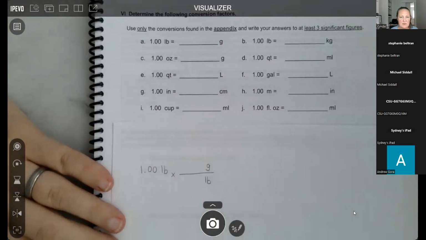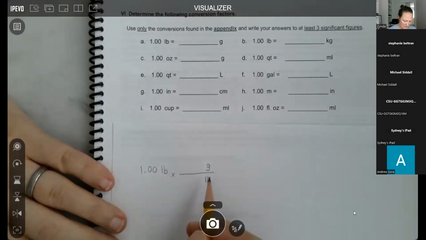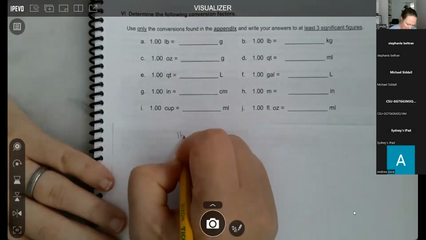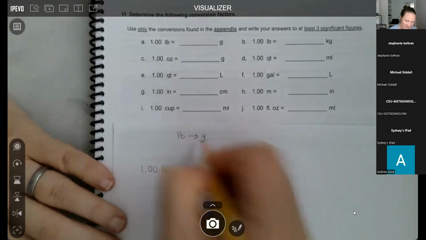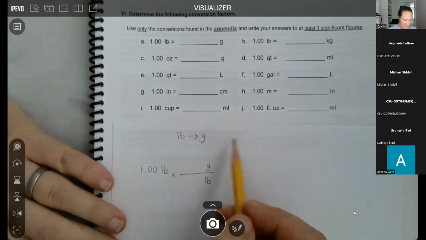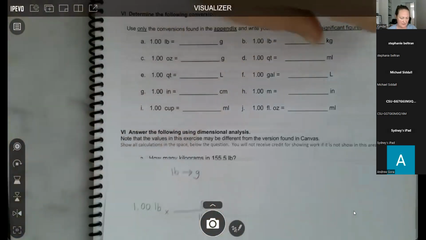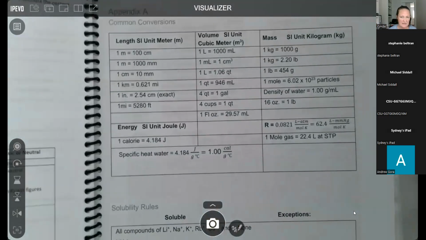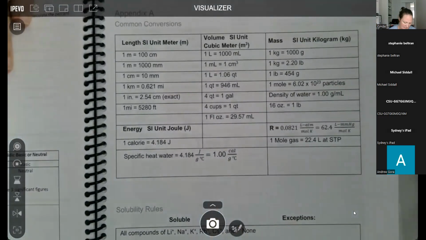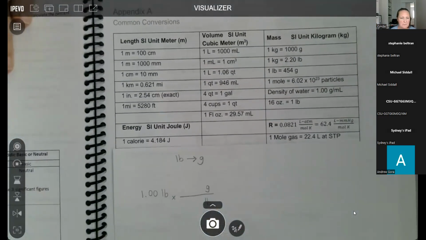If not, we might have to do multiple conversions. Like if it only went from pounds to kilograms, then we would have to do that and then go from kilograms to grams, but we'll see. So the idea is we want to go from pounds to grams. And so we're going to look up the appendix to see if there's a direct way to do that or if I need to do it via an indirect method here.